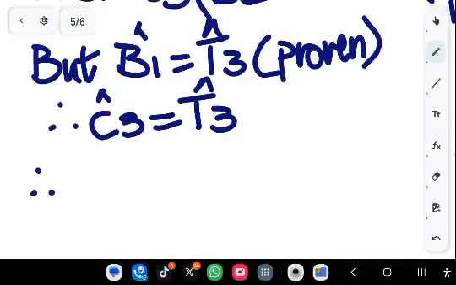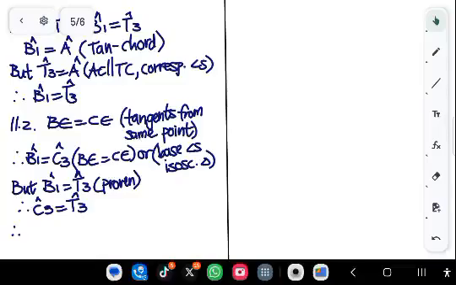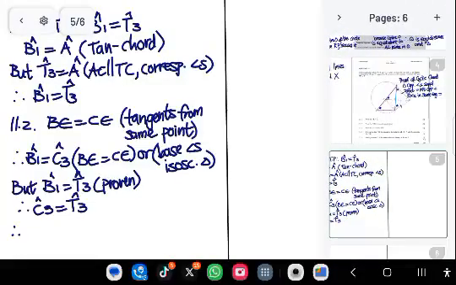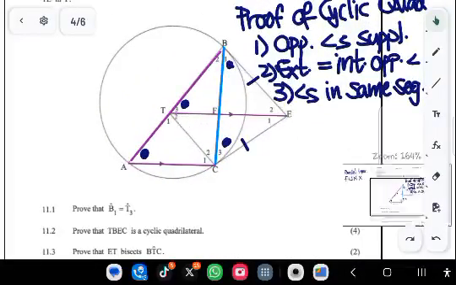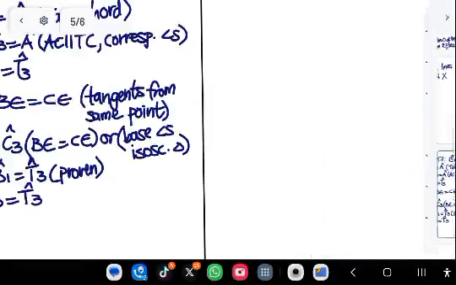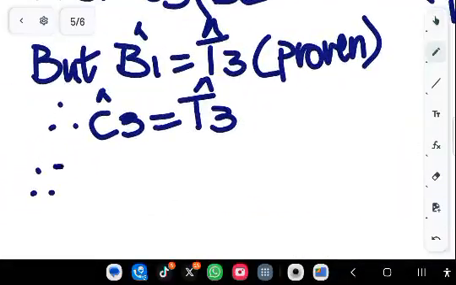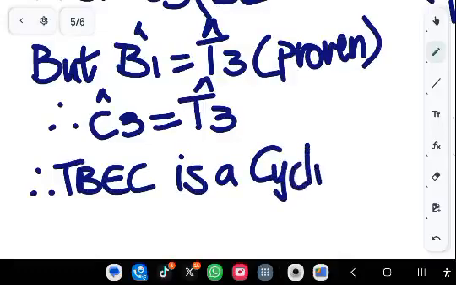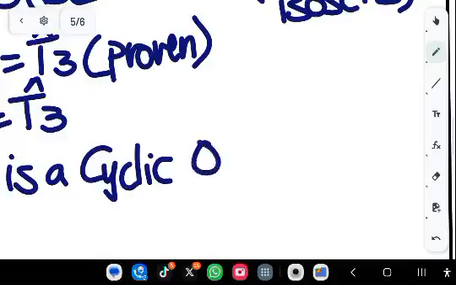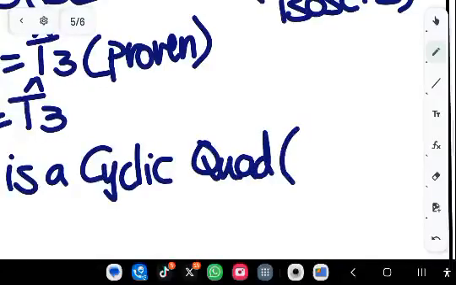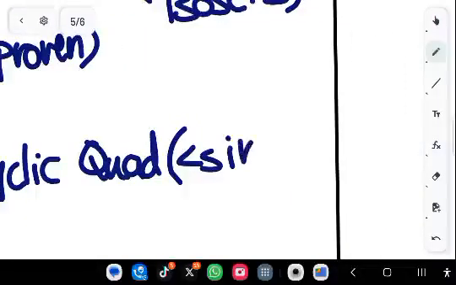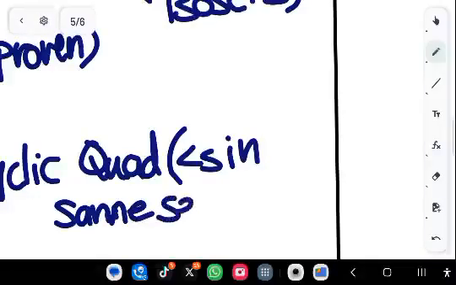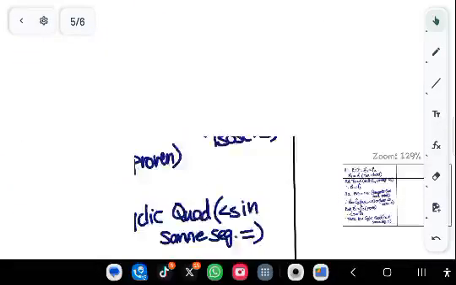Therefore, TBEC is a cyclic quadrilateral, and the reason is angles in same segment equal. There.